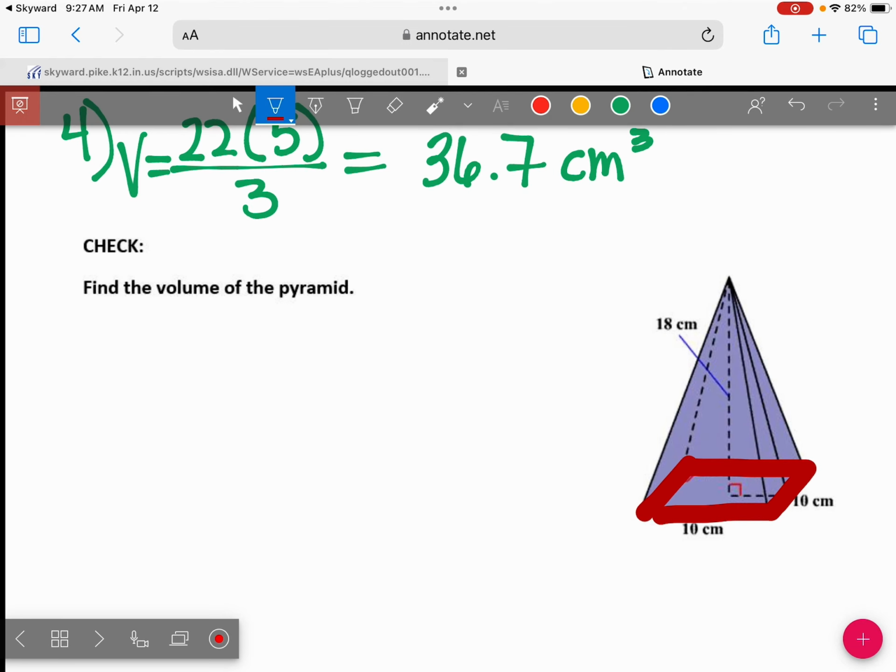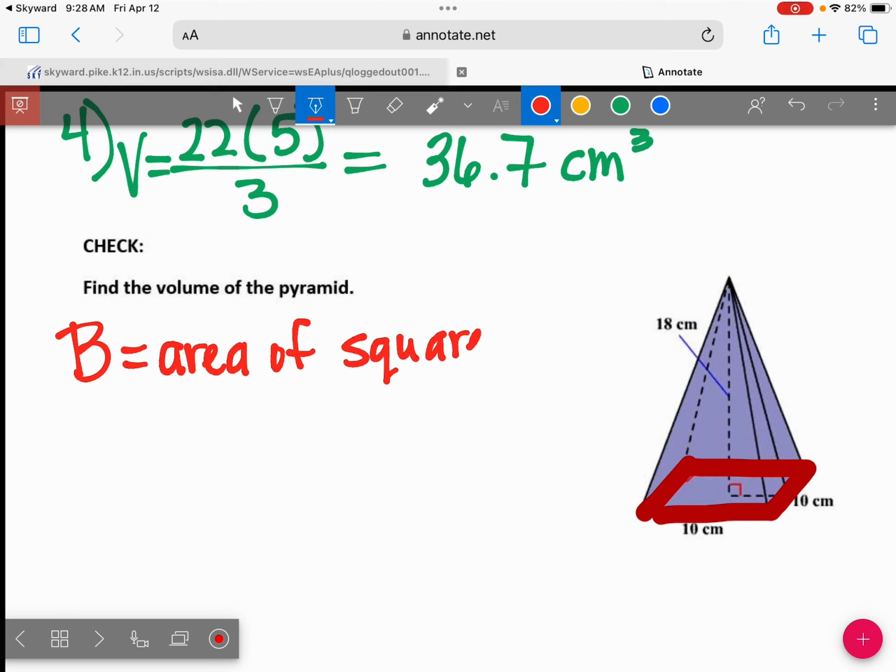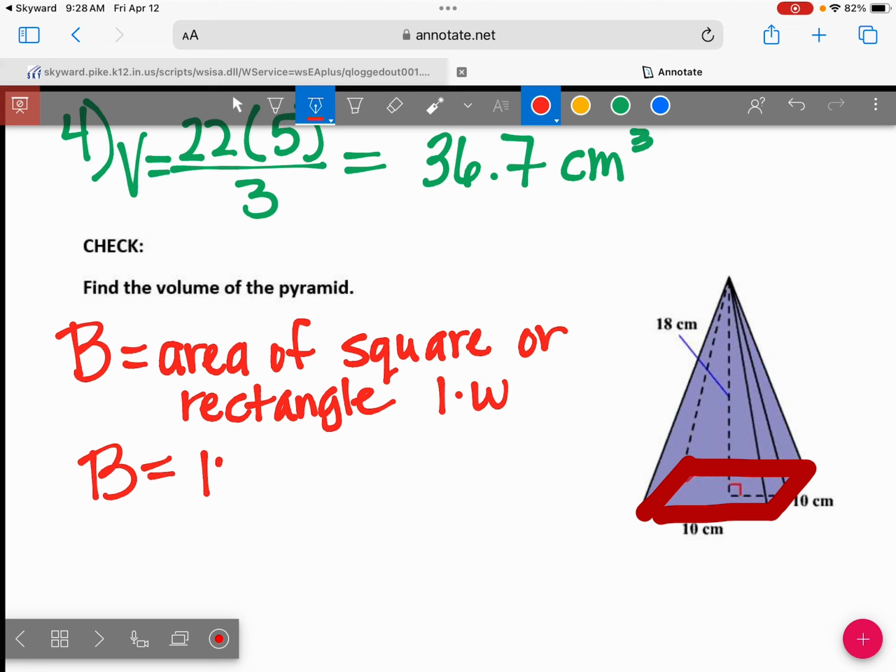So to find the area, capital B, of a square or a rectangle, you just multiply the 2 sides. You don't have to do the 1/2. It's just length times width. So in this example, the area of the base is just 10 times 10, which is 100.